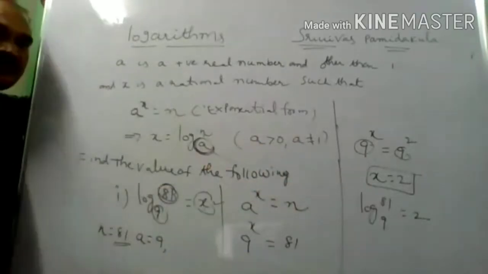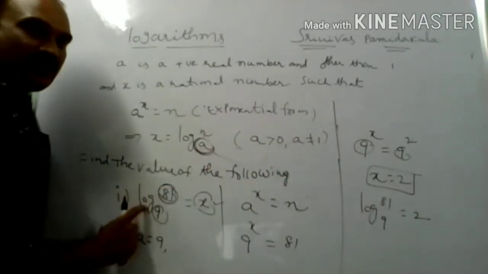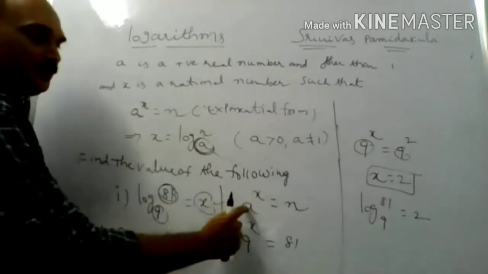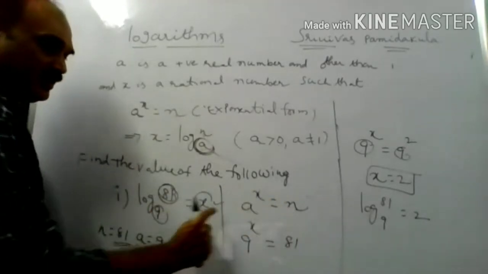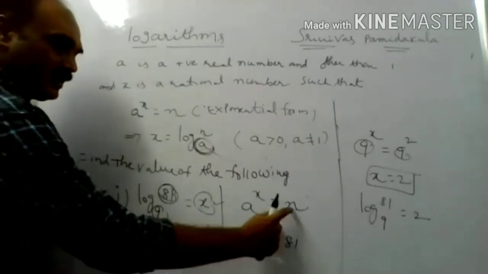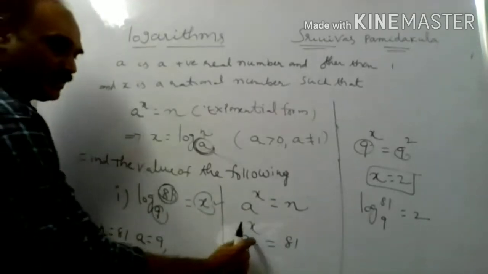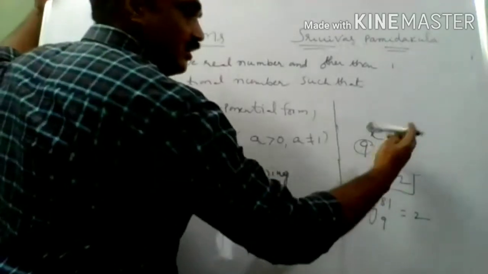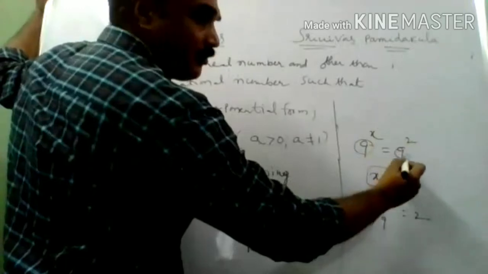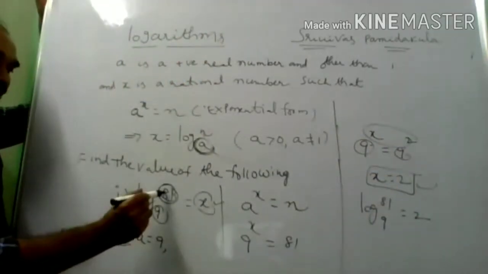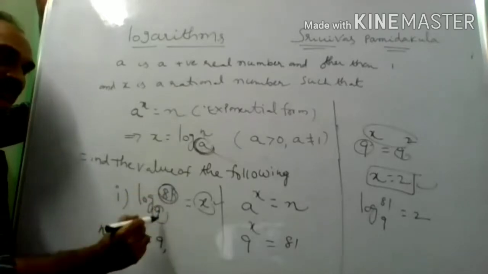Friends, have you understood or not, students? Here a logarithm form is given, so write the exponential form: a power x is equal to n. What is a? 9. 9 power x is equal to n, where n is 81. So 9 power x is equal to 81, and 81 is equal to 9 square. So bases are equal, powers are equal, x is equal to 2. But what is x? Log 81 to the base 9.